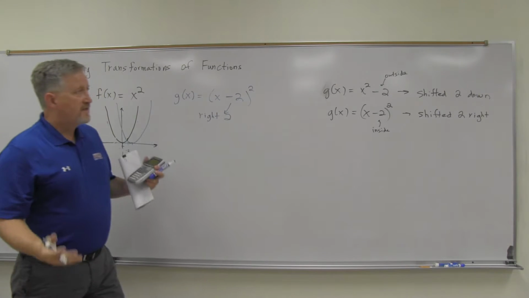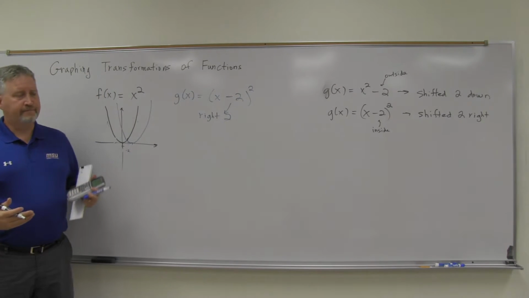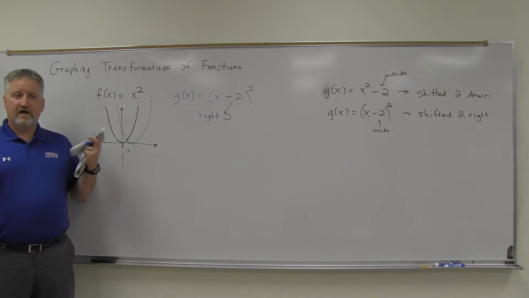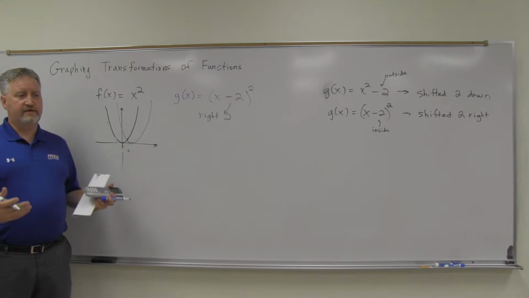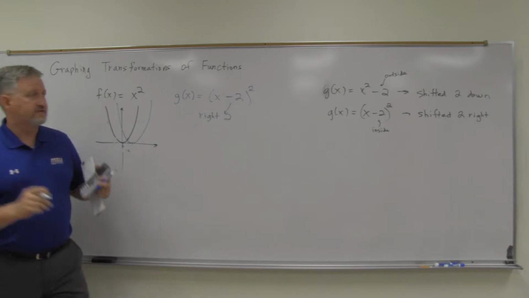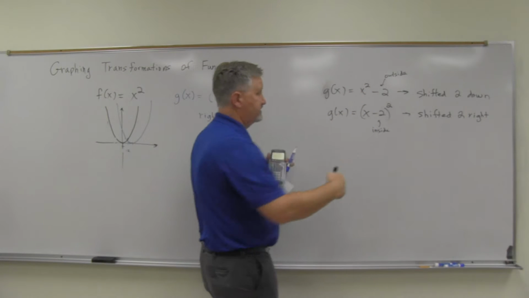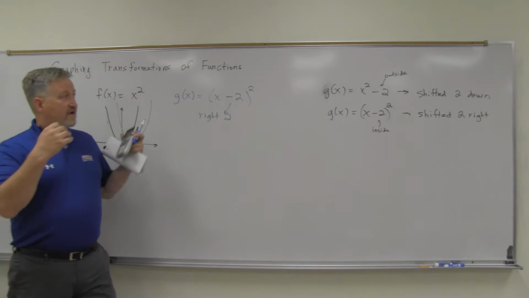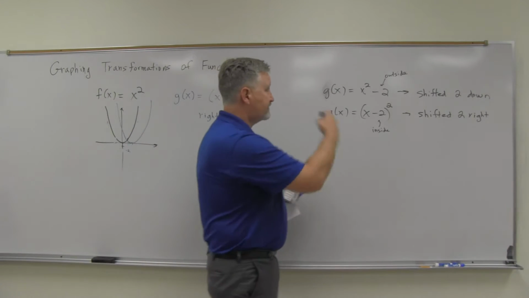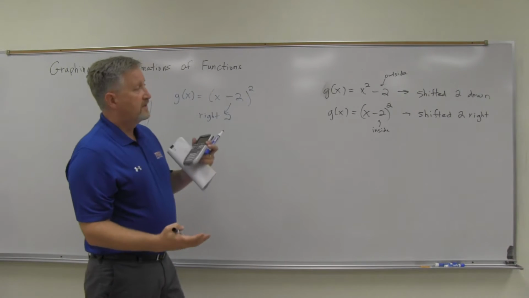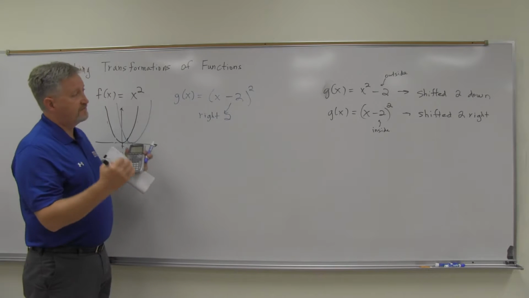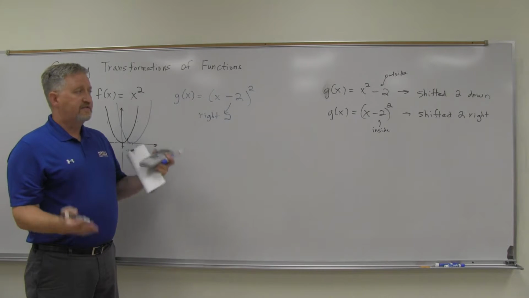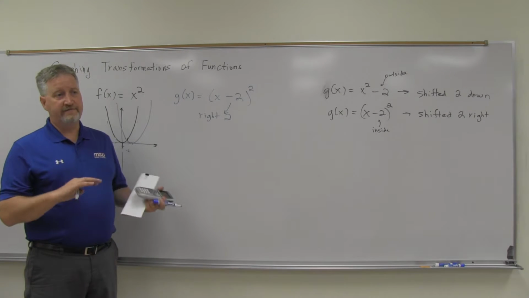If I've got something added or subtracted on the outside of the function, the x squared function in this case, and it's going to work the same for other functions as well, that's going to shift my graph either up or down. And if it's something on the inside, that's going to make it go right or left.